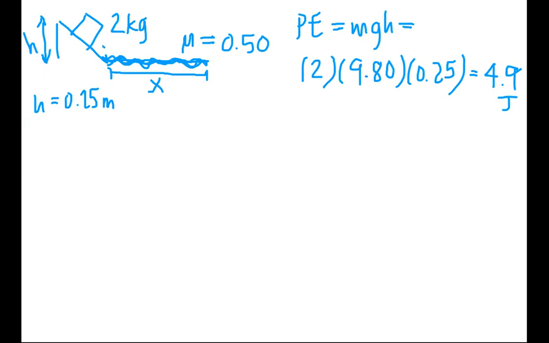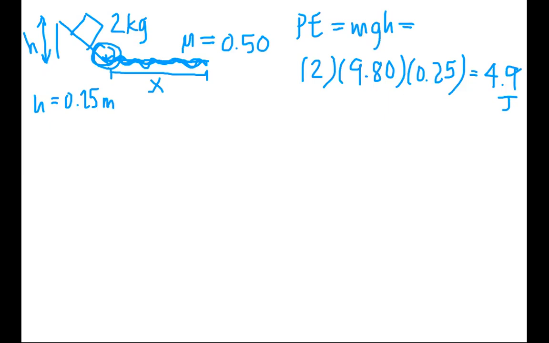Right, so at the bottom of the ramp, this area here. So at that point, if we're considering that to be ground level, so we're considering that to be a height of 0, do we have any potential energy at that point? No, we would not, because if you multiply 0 by mg, which is our equation for potential energy and gravity, you just get 0.